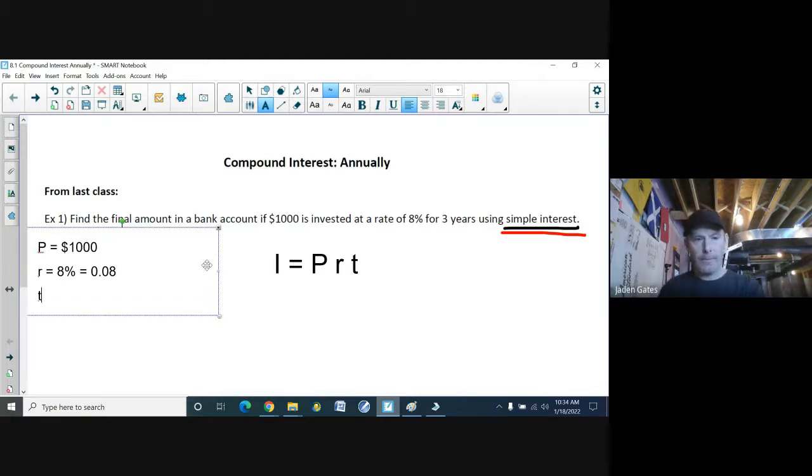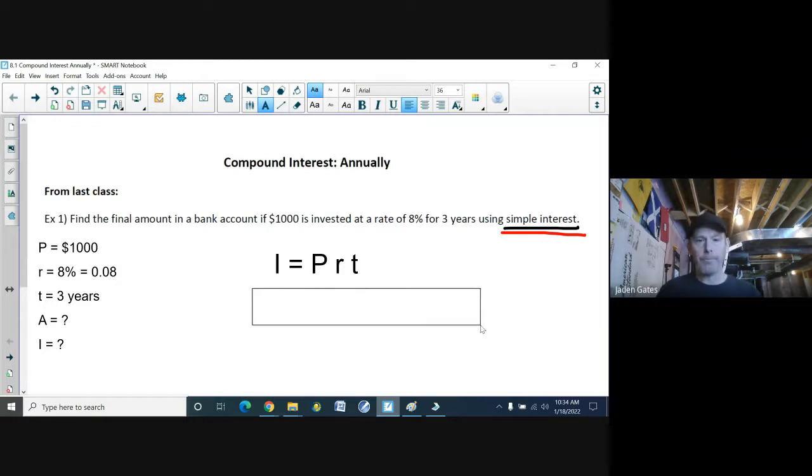T, we got T, 3 years, which is great because our time has to be in years when you're dealing with simple interest. And we want the final amount. Now to find the final amount, we're going to have to find the interest first. So now I'm ready to substitute into my formula.